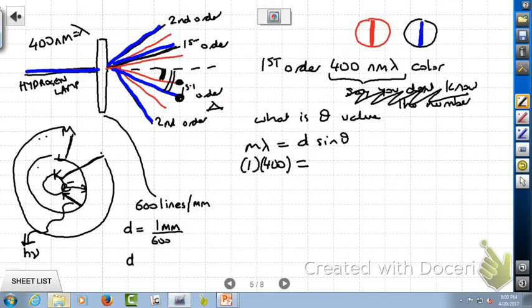So d is equal to 1 over 600 times 10 to the minus 3 meters. I'm in meters, so I've got to work in meters, times 10 to the minus 9, because that's in nanometers.